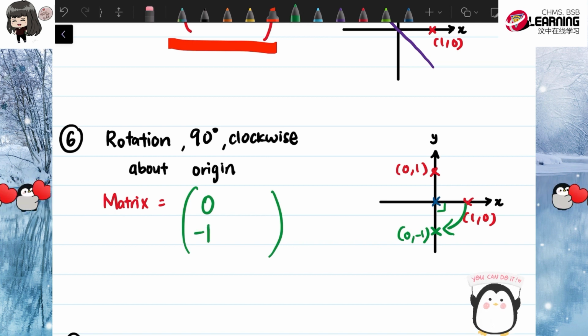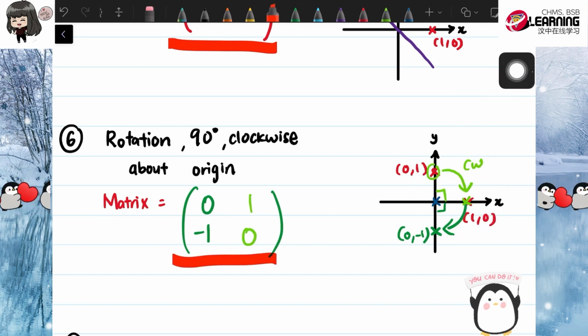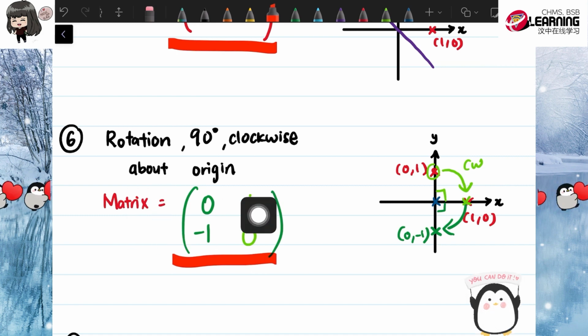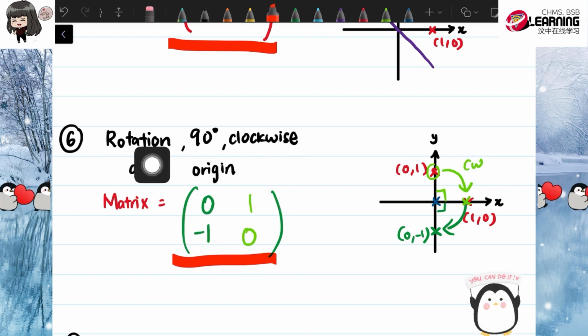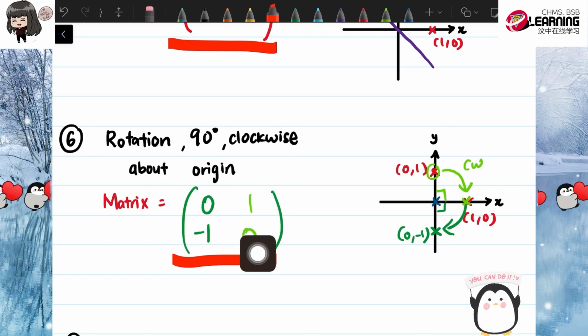And then for (0, 1), rotated 90 degrees clockwise in this direction, (0, 1) will now go to (1, 0). So that's the answer. That's the matrix that represents rotation 90 degrees clockwise about the origin.